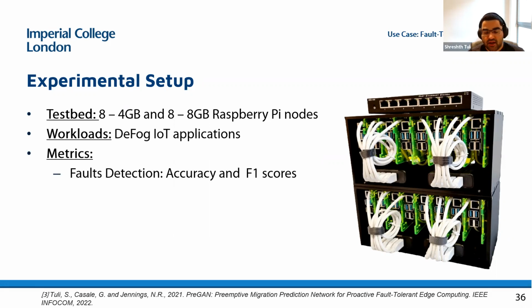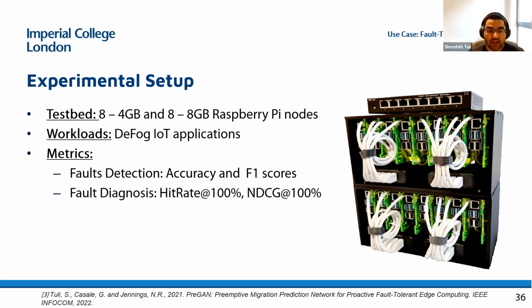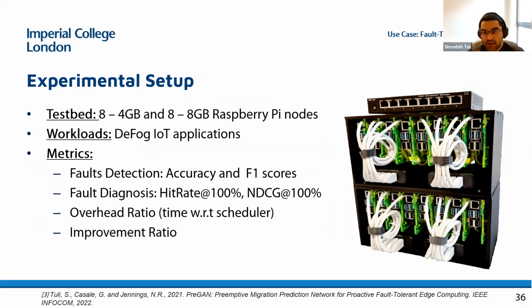And we compare against baselines across several metrics, including fault detection performance, fault diagnosis performance, diagnosis in the sense of which host was actually the host where the fault occurred, the overhead ratio, so how much overhead relative to the underlying scheduler this particular fault tolerance approach had. Improvement ratio, how often was the preemptive migration decision better than the underpinning scheduler in terms of QoS estimates from those co-simulation loops. And finally, again, the quality of service parameters that this system provided.